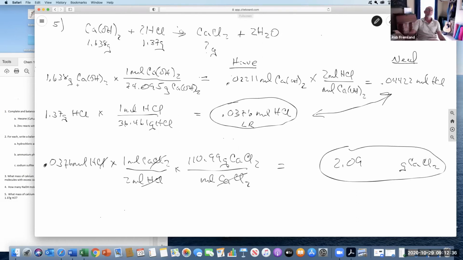See how, for example, the calcium hydroxide had 4 sig figs, and I carried the molar mass to 5. I don't want to call it just 74 because that could cause a rounding error. Probably wouldn't, but it's a good idea. Your molar mass does not determine your sig figs. Oh, okay. The only numbers that matter are the numbers you're given in the problem.